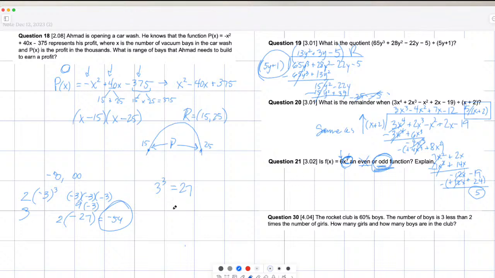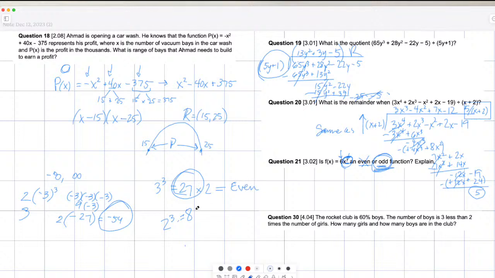So 2 cubed is 2 times 2 times 2 is 8. So that's an even number, but then if you multiply it by anything, so any odd number, this is what I want to say, any odd number times 2 is going to be even.